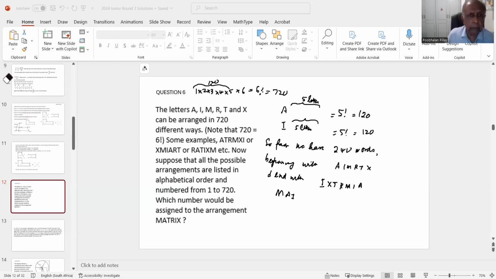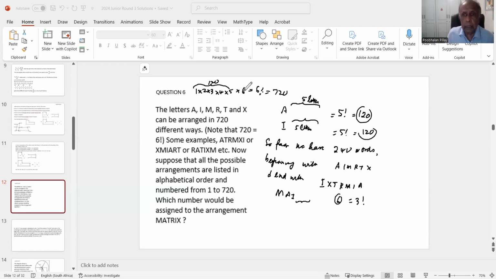And how many letters have you got after MAI? There are only three symbols here, the T, R and the X. So that gives you 240 so far. And you've got another 6 here, because these three symbols give 3 factorial. They can be arranged in 6 different ways.